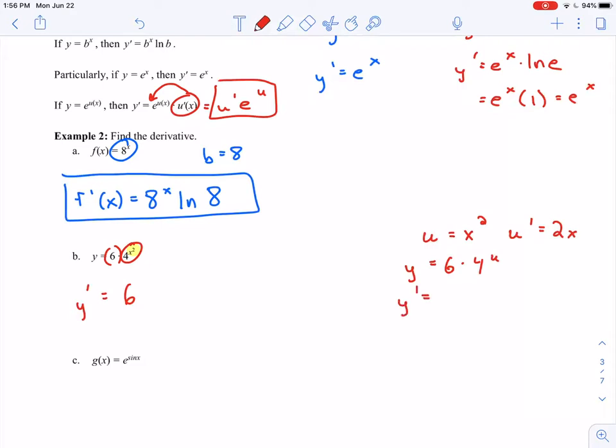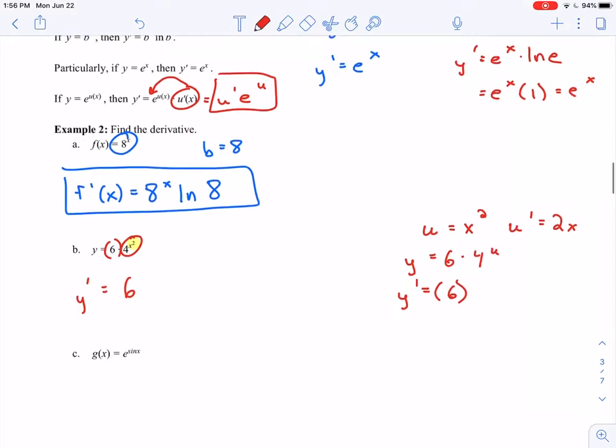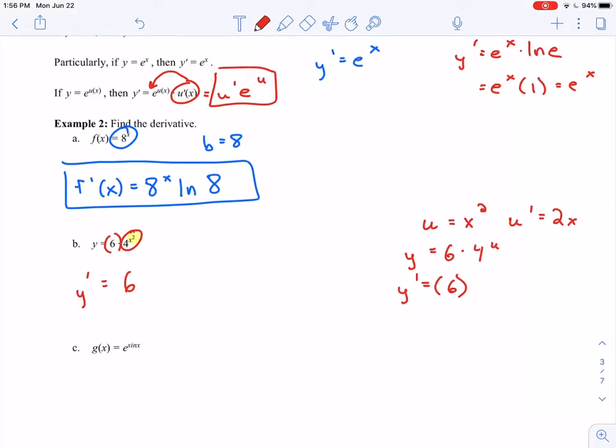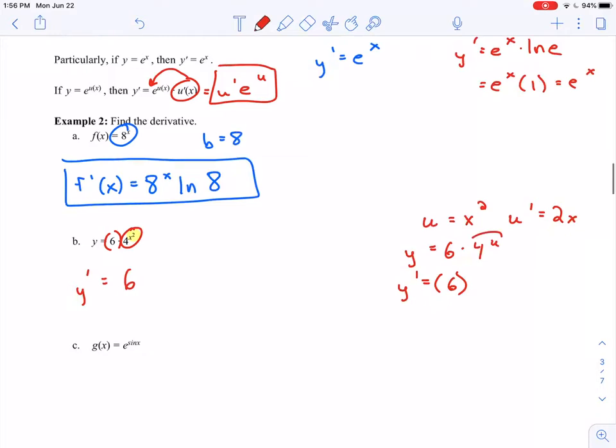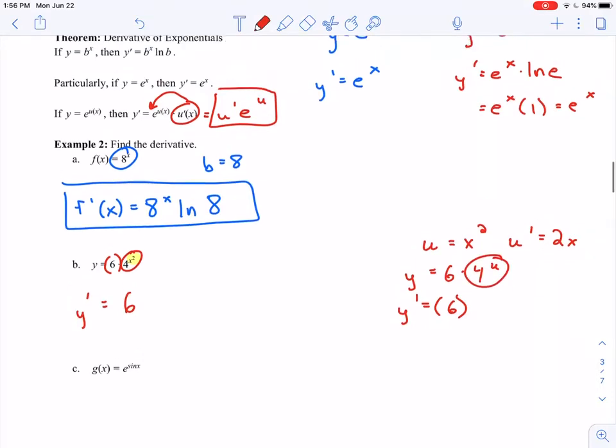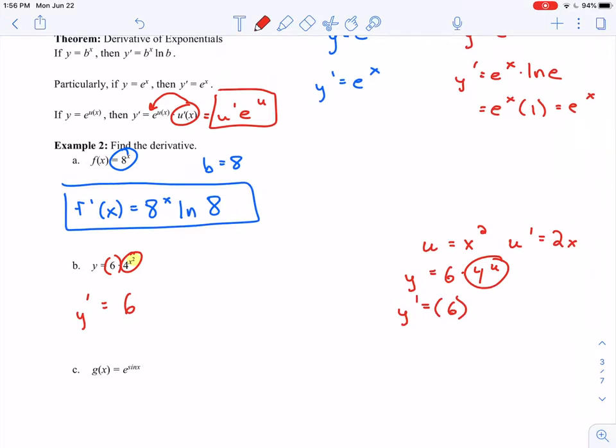y prime, we said first of all this 6 right here, that constant multiple, not going to be a big problem. We just multiply our derivative by 6. So that 6 is just coming down to the next step. It's just tagging along. And now we say, okay, what does this part look like? Derivative of 4 to the u. Well, the derivative of 4 to the u is going to act like the derivative of b to the x.